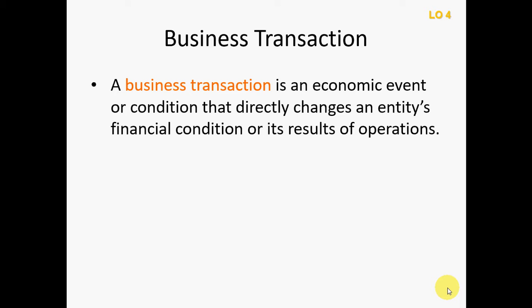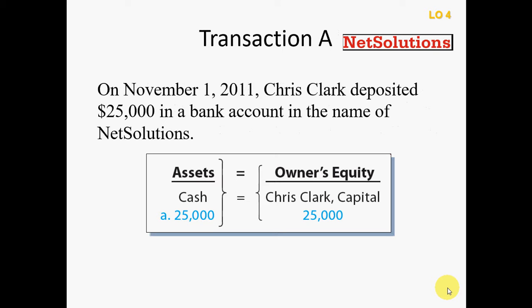Now let's talk about the accounting transaction. On November 1, 2011, Chris Clark deposited $25,000 in a bank account in the name of Net Solution. So Net Solution is the new organization being set up by Chris Clark, and Chris Clark, out of his personal belongings, deposited 25,000 into the bank account of this company.